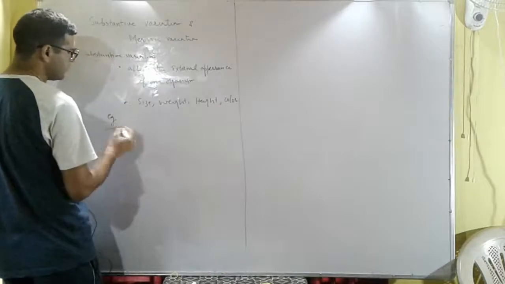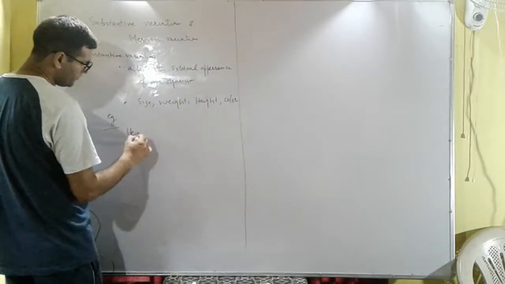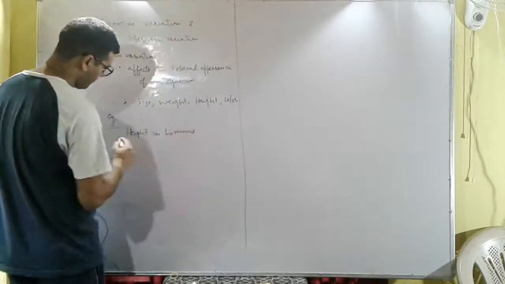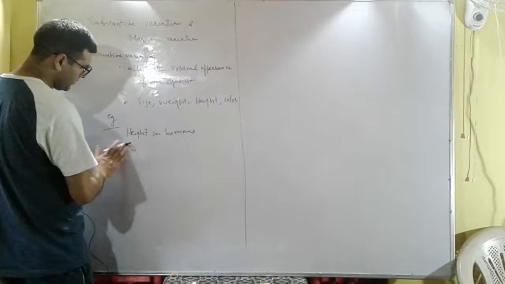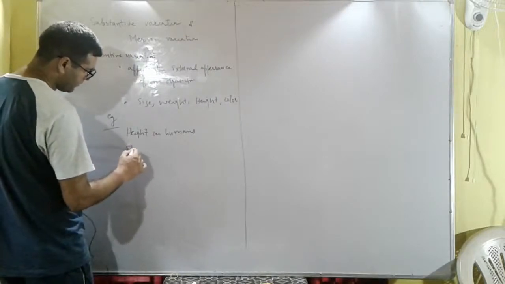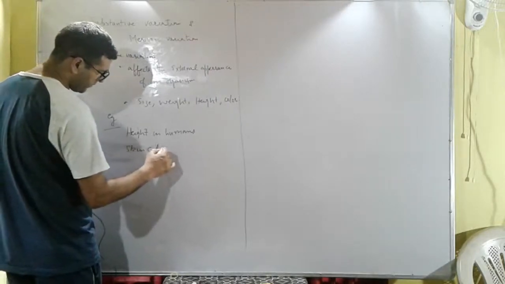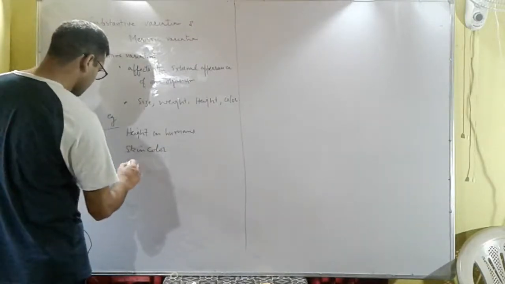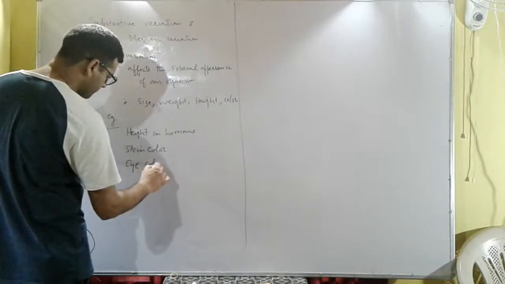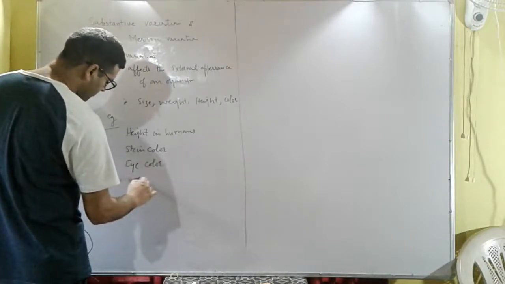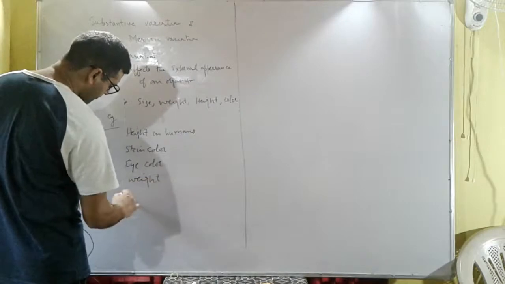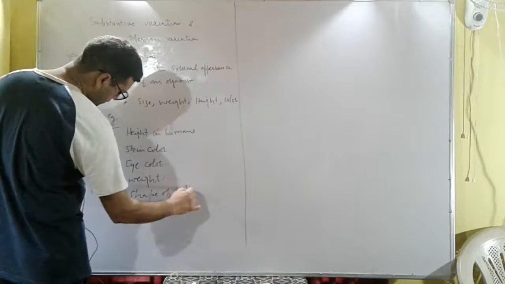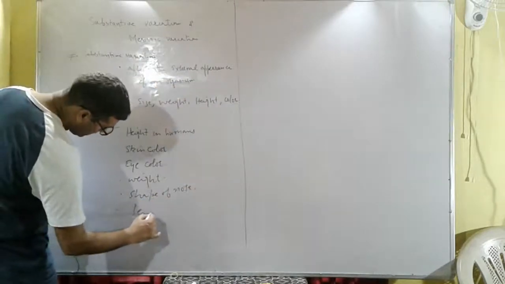Examples of substantive variation are height in humans, skin color in humans, or eye color, weight, shape of nose, length of fingers.